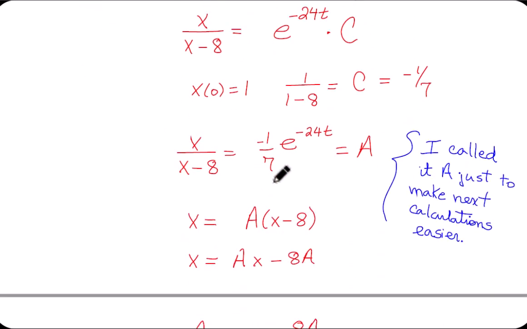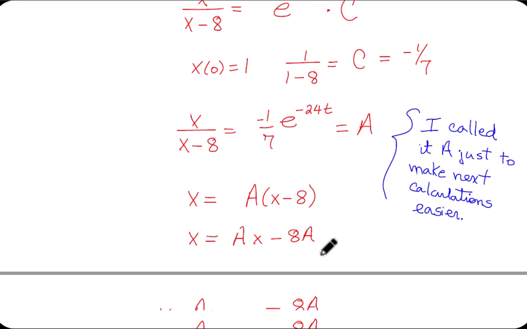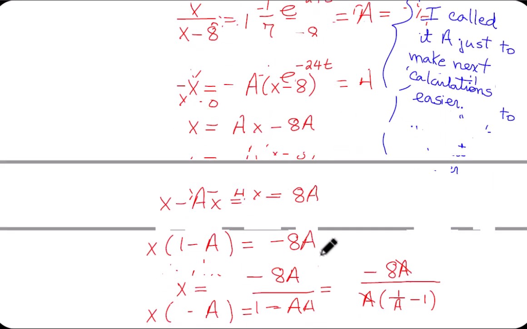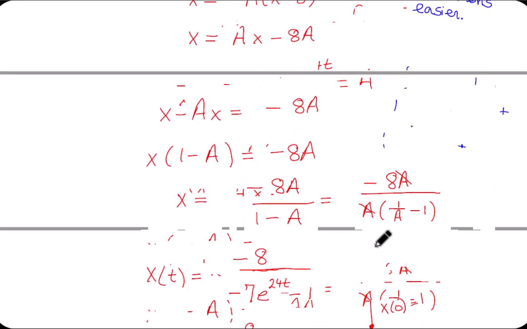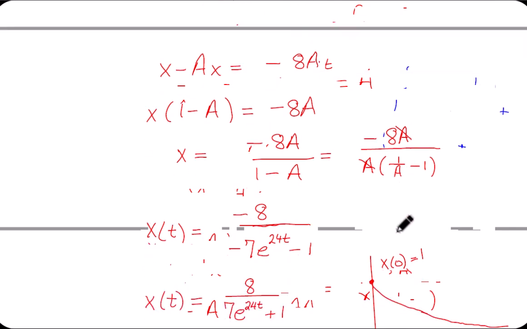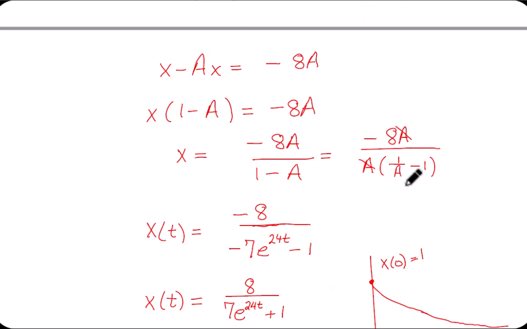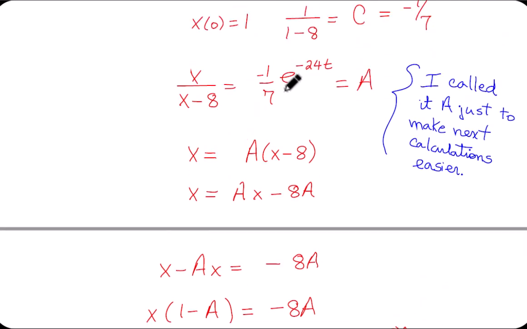So again, rather than carry this thing around, I'm going to call it A. Multiply both sides by x minus 8, and then start trying to get x by itself. All right, and so finally I do get there, and so I'm going to plug in what I know about A. But this is a 1 over A, and a 1 over this would mean that this is a positive number.